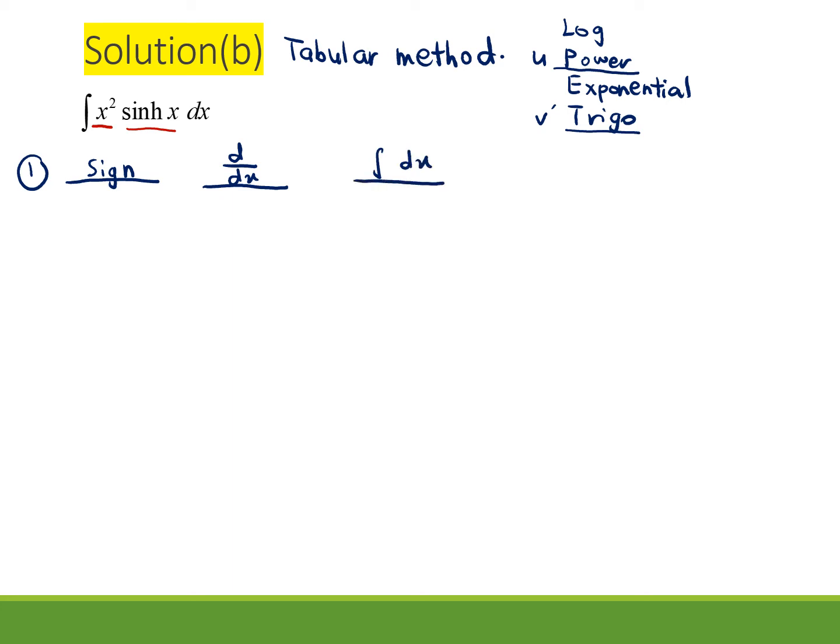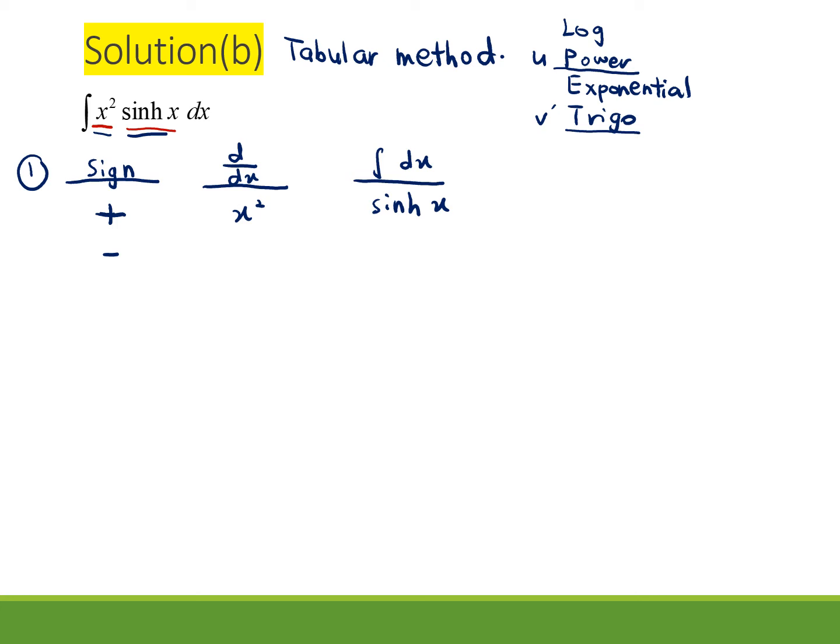So the first sign is positive, so what we need to differentiate is our x squared, and what will be the integration is sine hyperbolic of x. So the next step, the sign will be negative.